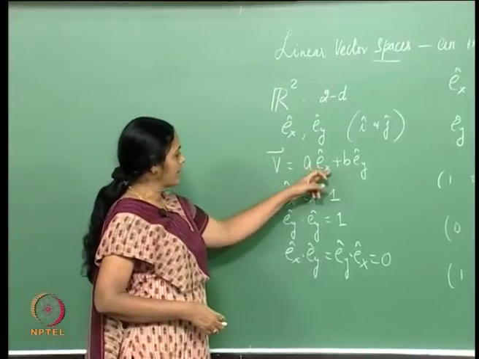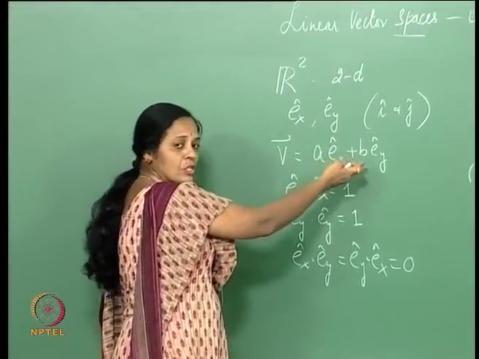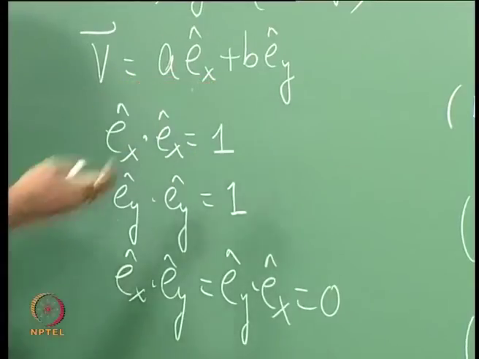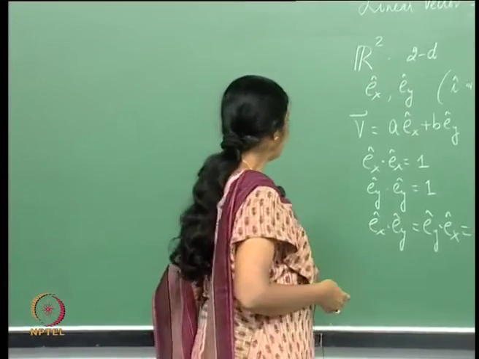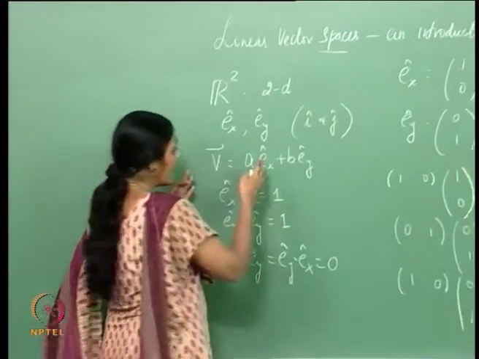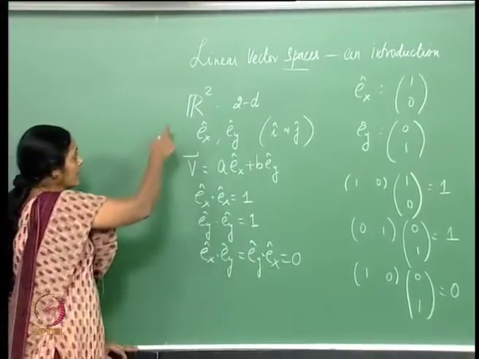All these vectors, which can be expanded as a times Ex plus b times Ey, a and b being real constants, real scalars, are states in the 2-dimensional linear vector space R2.